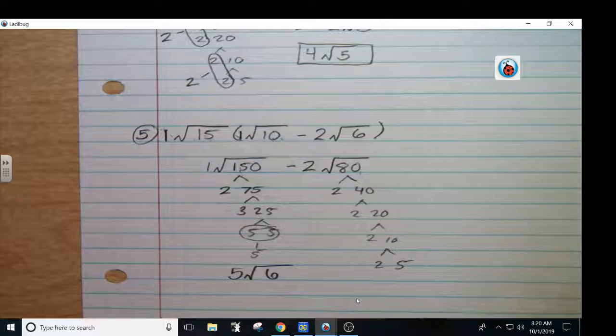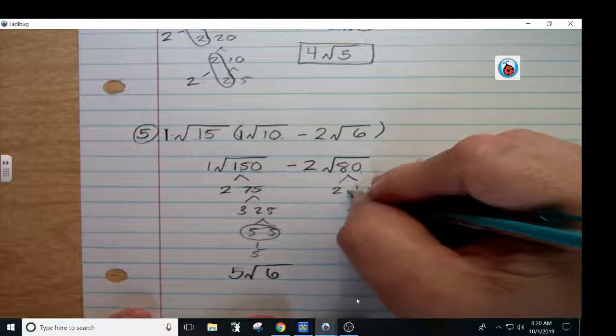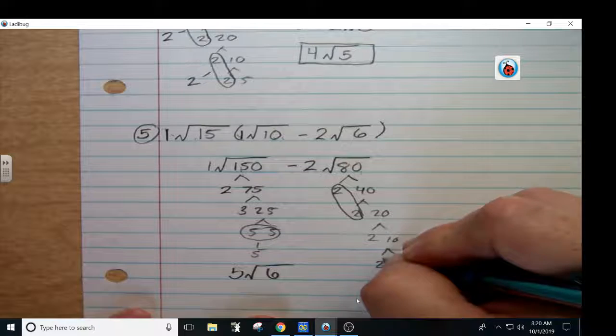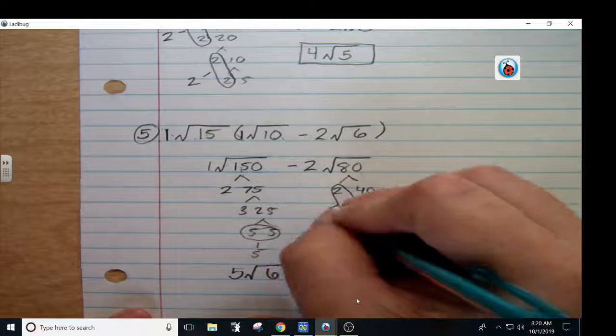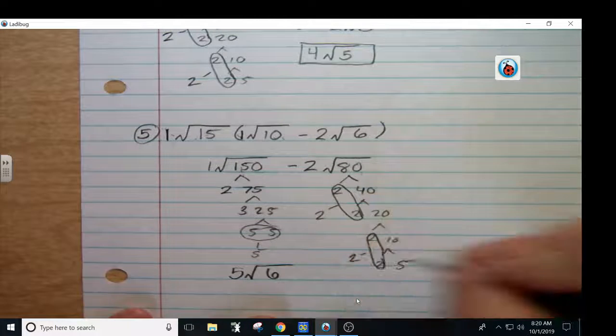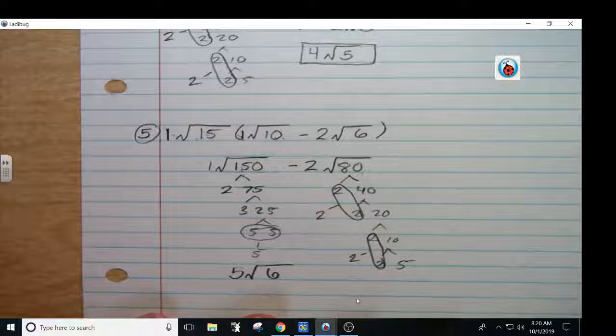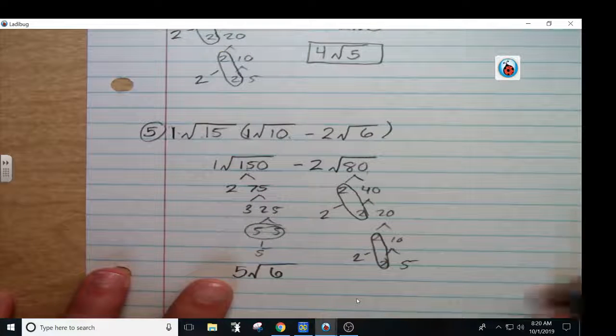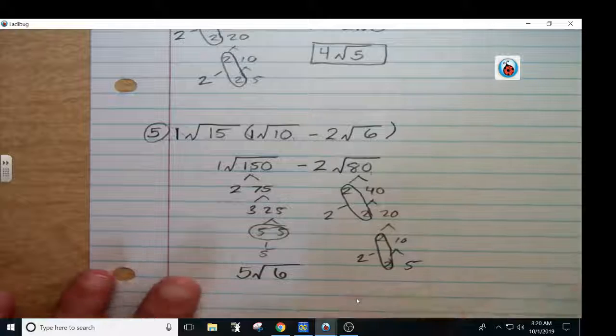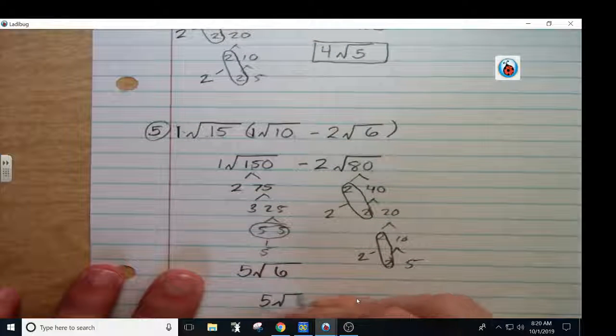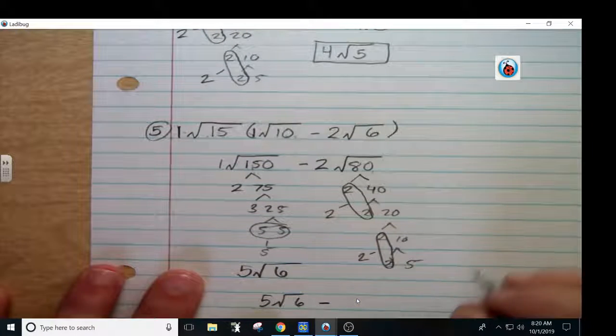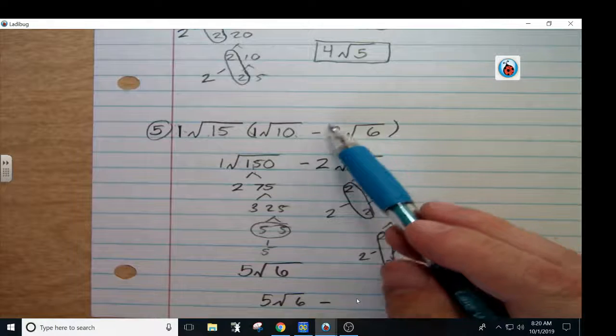Now, I've got a couple pairs here: a pair of 2s there, a pair of 2s here. I've got a 5 that goes back on the inside. So that's going to be 5 square root of 6 minus. Now, guys, you have a negative 2 out here.